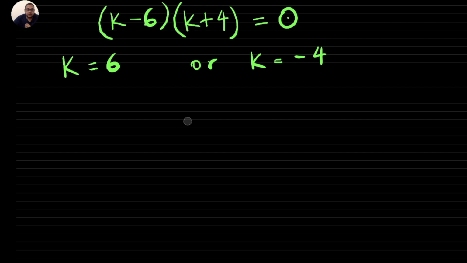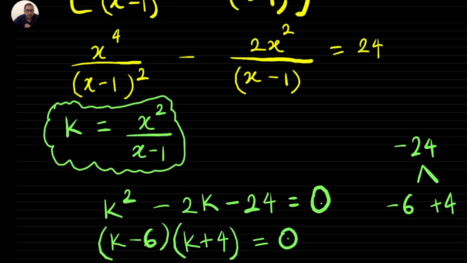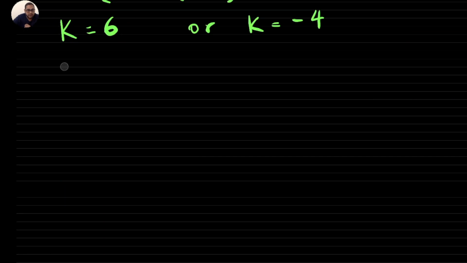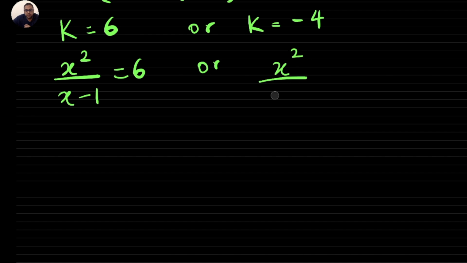Now we will recall the substitution for k, that is x squared over x minus 1. So we have x squared over x minus 1 equals 6, or x squared over x minus 1 equals negative 4. Now solve the quadratic equations respectively.